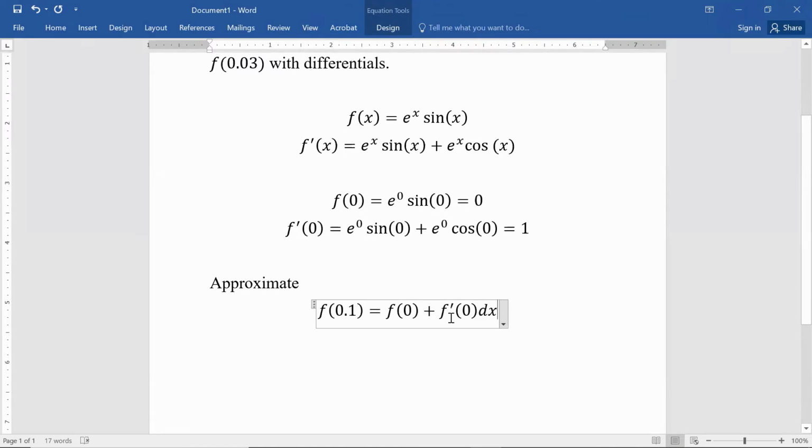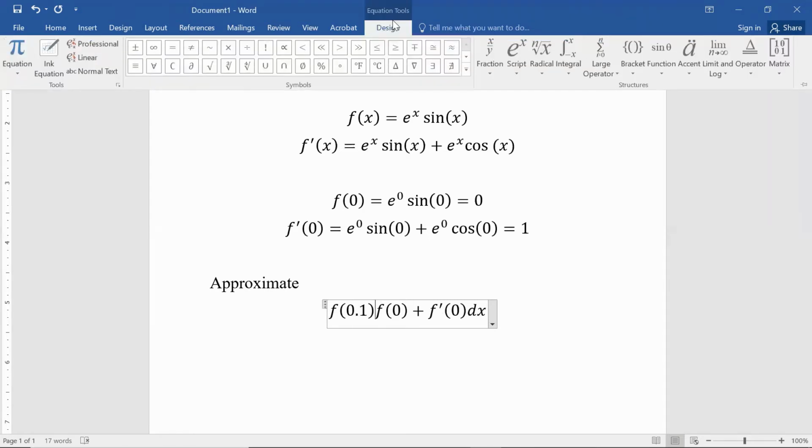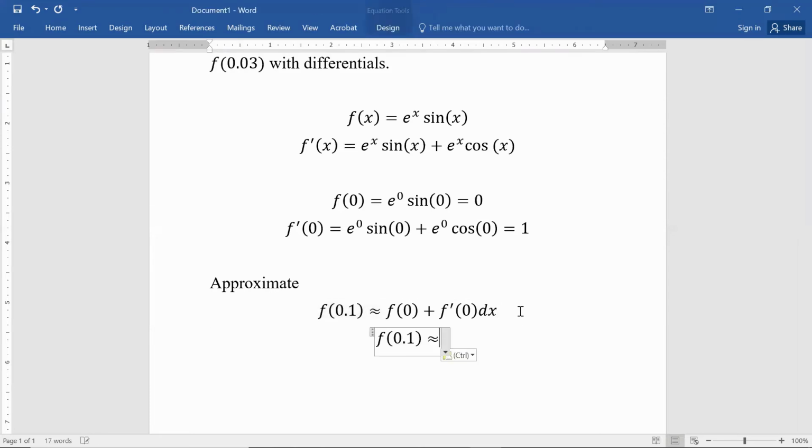I should have once again written that this is an approximation, so I'll use this symbol here. F of 0 we know is 0, f prime of 0 is 1, and in this case dx is 0.1. So f of 0.1 is approximately 0.1.